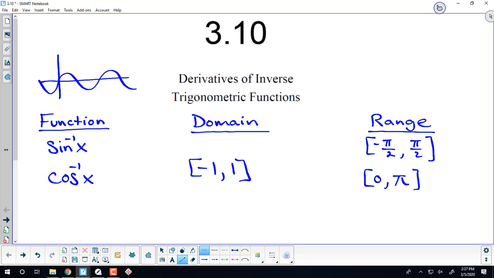So clearly sine doesn't pass a horizontal line test. So sine, cosine, they're not 1-to-1 functions, meaning if we found their inverse just based on their entire function, it wouldn't be a function, right?